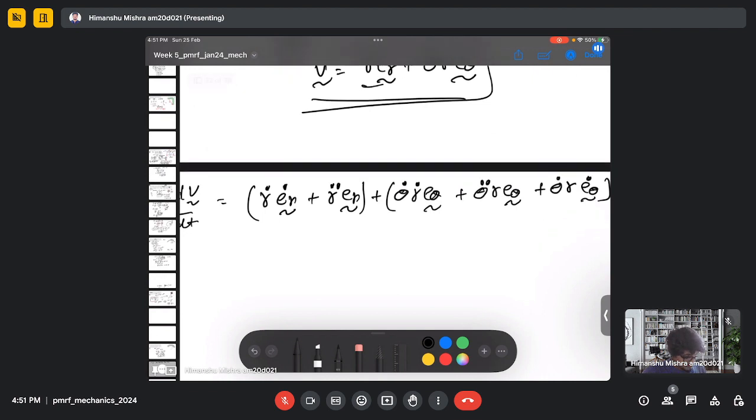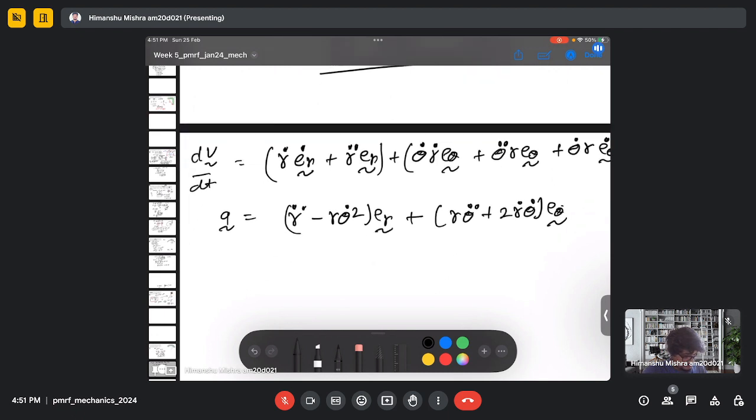When you club and simplify this expression, you will get r double dot minus r theta dot square, plus r theta double dot plus 2 r dot theta dot.